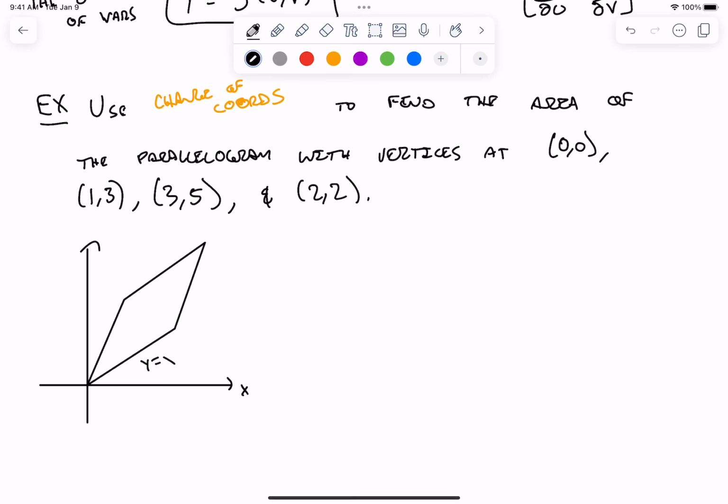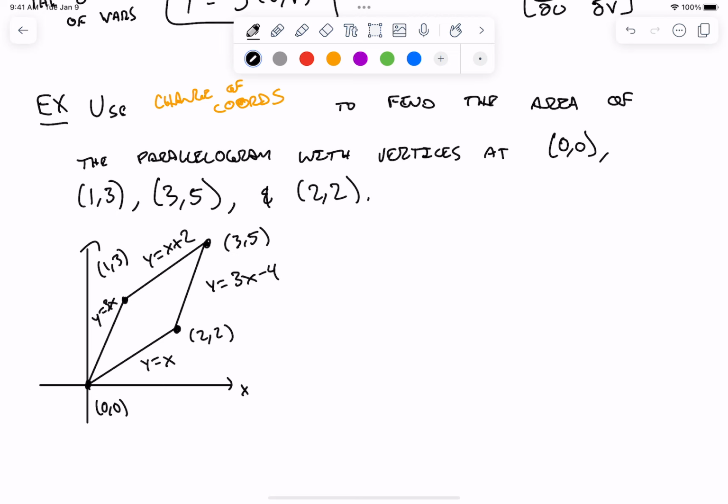We had y equals x from (0,0) to (2,2). We had y equals 3x minus 4 from (2,2) to (3,5). We had y equals 3x from (0,0) to (1,3). And we had y equals x plus 2 from (1,3) to (3,5). So this was our parallelogram.